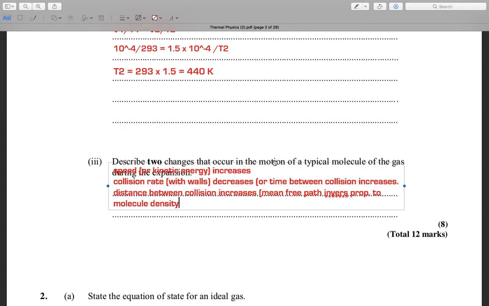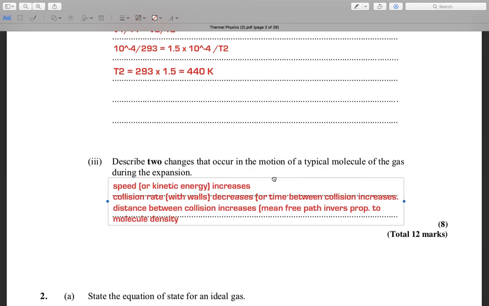I think this is the best answer for the three things that occur in the motion of the typical molecule of the gas during the expansion.